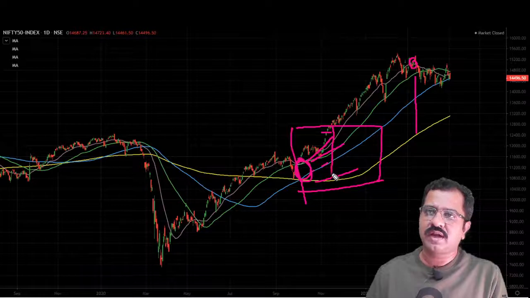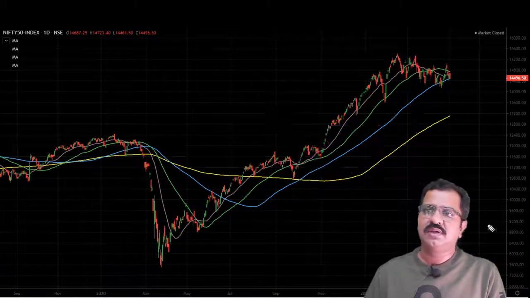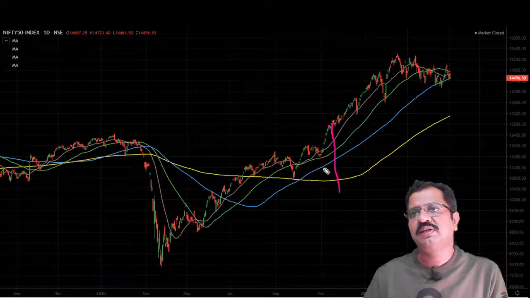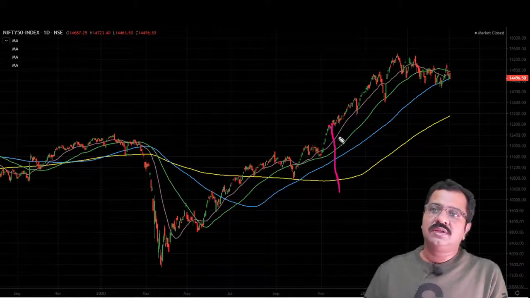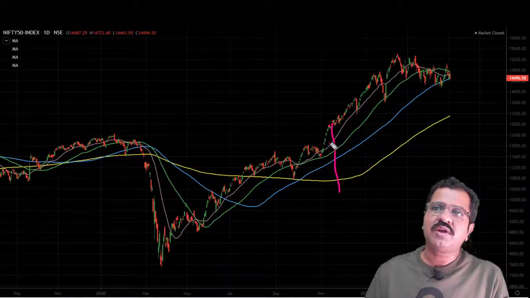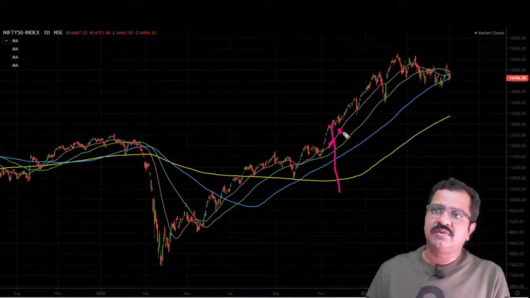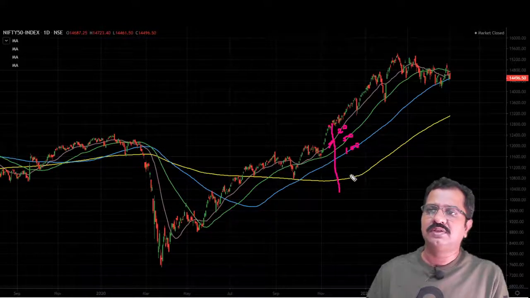So here at this point of time, let me clear the chart. So at this point of time, somewhere here, you came to know that they started spreading. Okay, and most important thing is the smallest moving average is above all. Then the next one, it's like 20, this is 20, this is 50, this is 100, and this is 200.